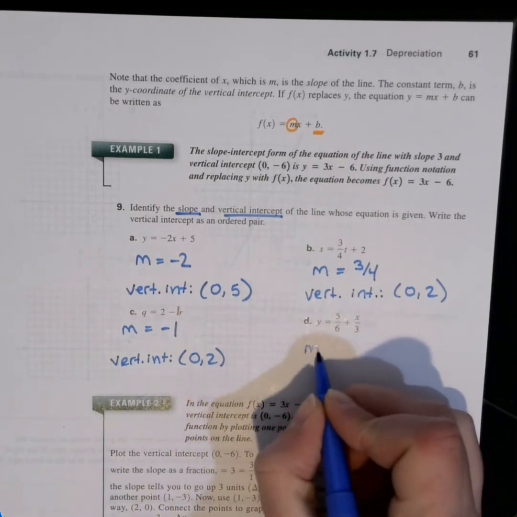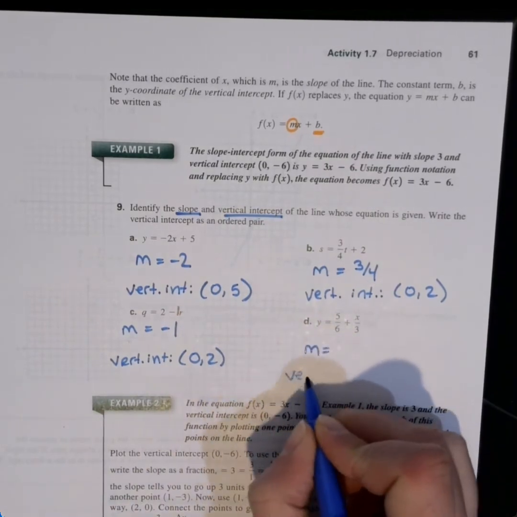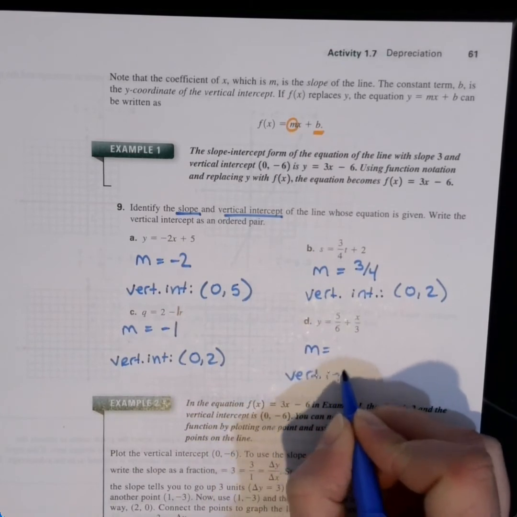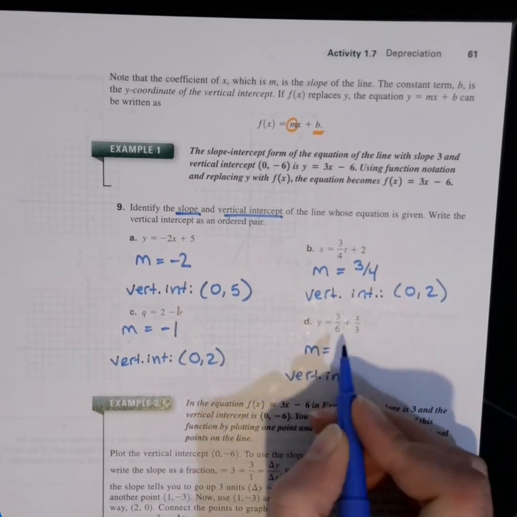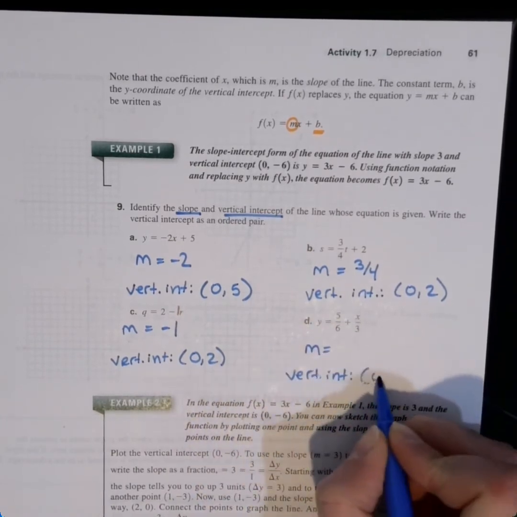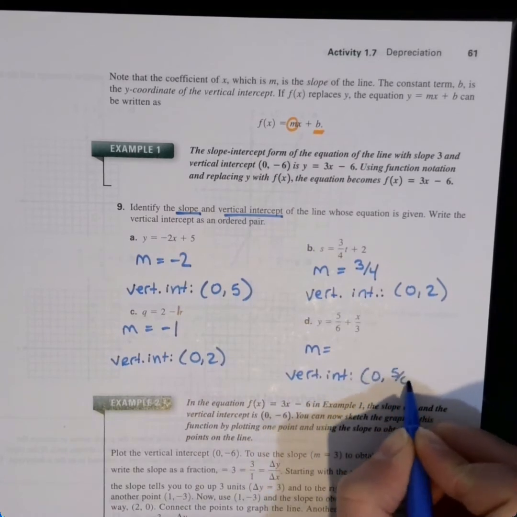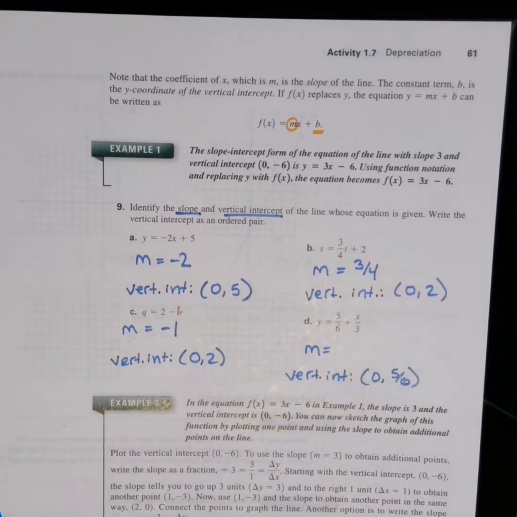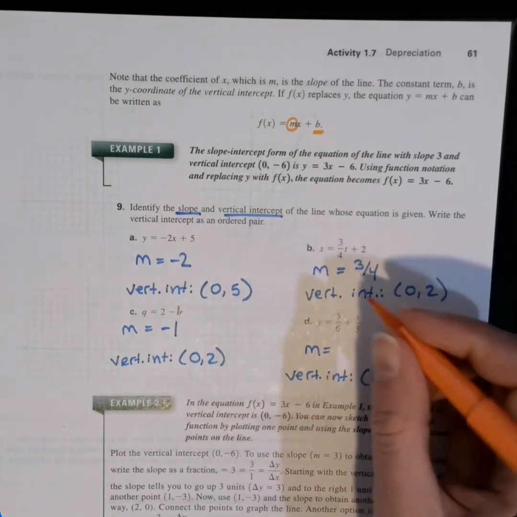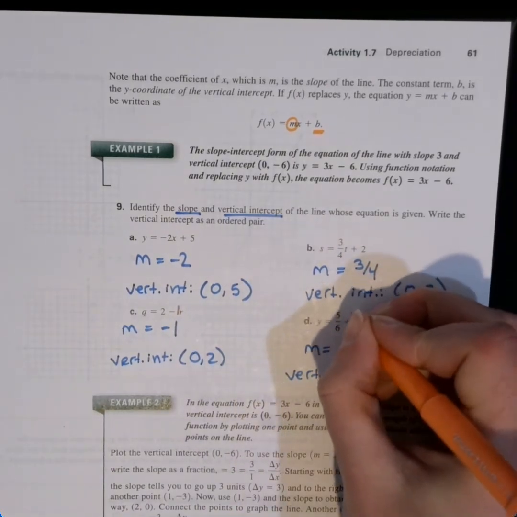Okay. And the last one for our slope and our vertical intercept. The vertical intercept comes from this 5/6 because it does not have a variable. It's just the number, so 5/6 is part of our vertical intercept. And for the slope, again, when I have just a plain x, it's a 1x.